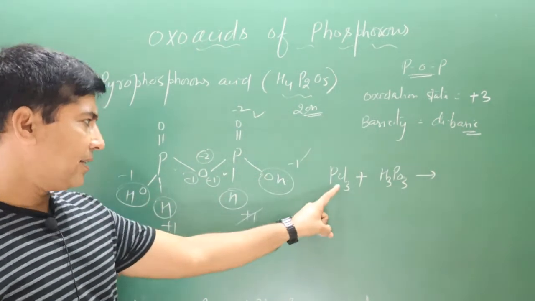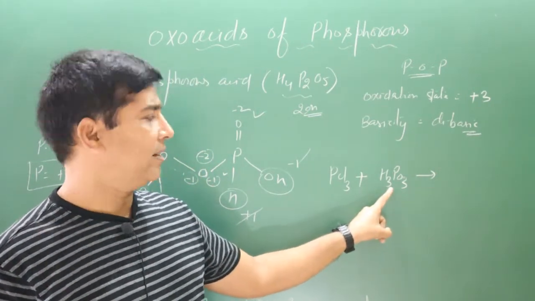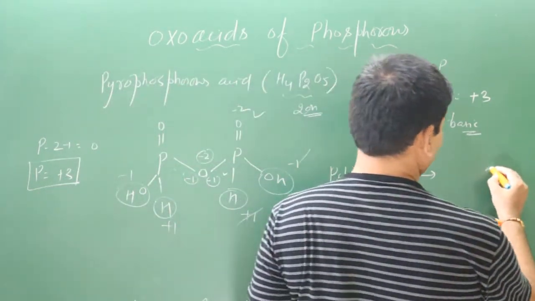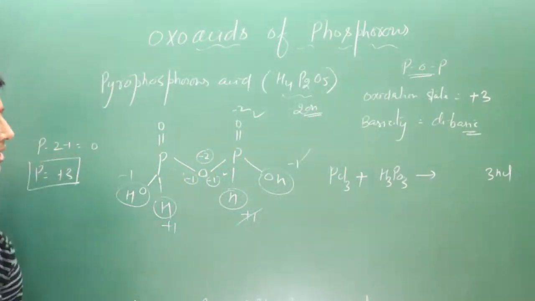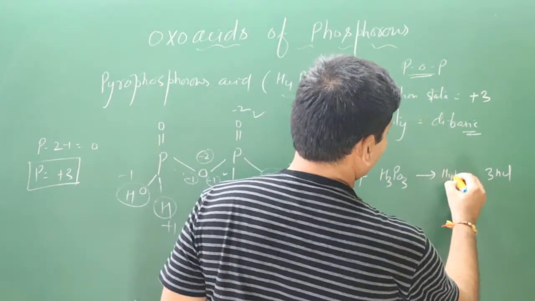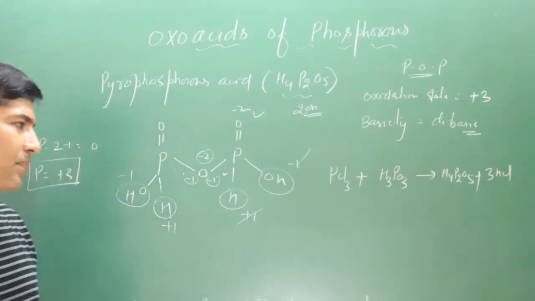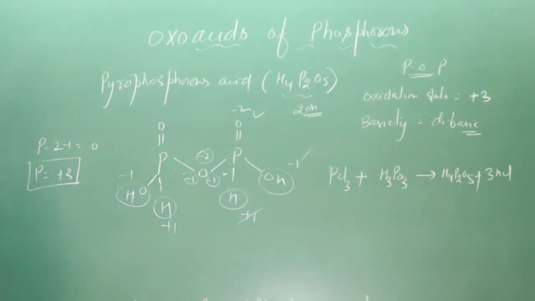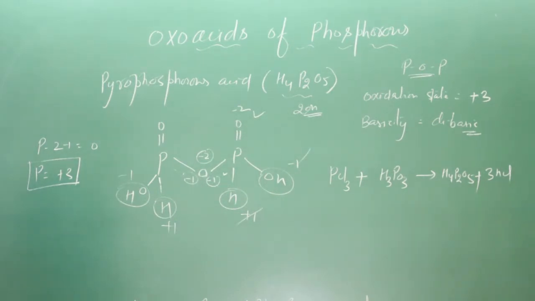Okay, it releases 3 Cl, and takes 3 hydrogen from here, forming 3 HCl. And the remaining portion will go to H4P2O5. This is the chemical reaction we have. Remaining, we get as the main product H4P2O5, that is pyrophosphorous acid.